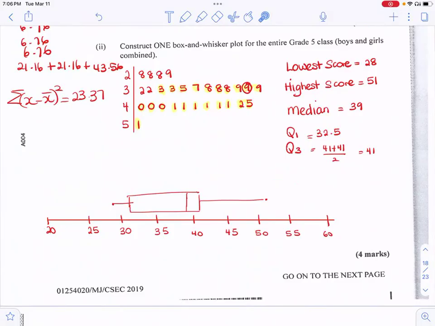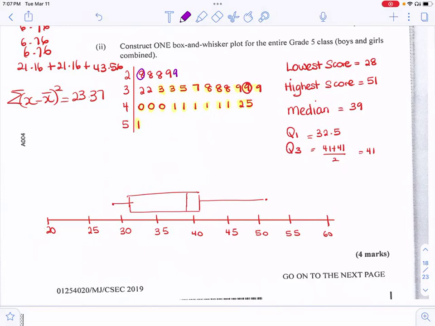Oh, I'm missing somebody. So if I'm missing one, then yes, you are correct. Along the way here, I think I missed out somebody. I missed out a 9.